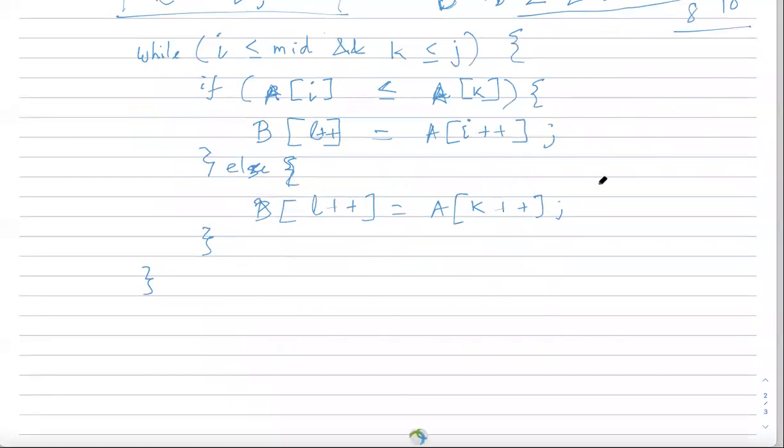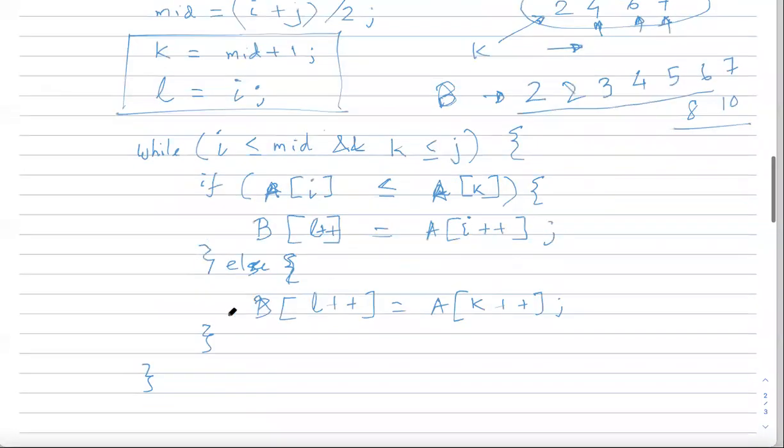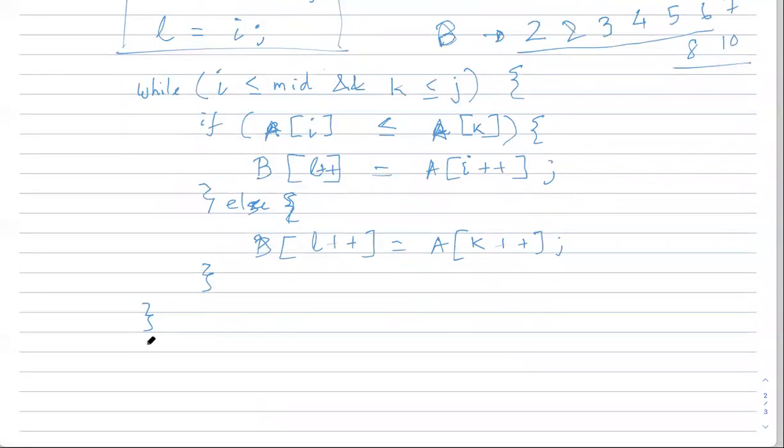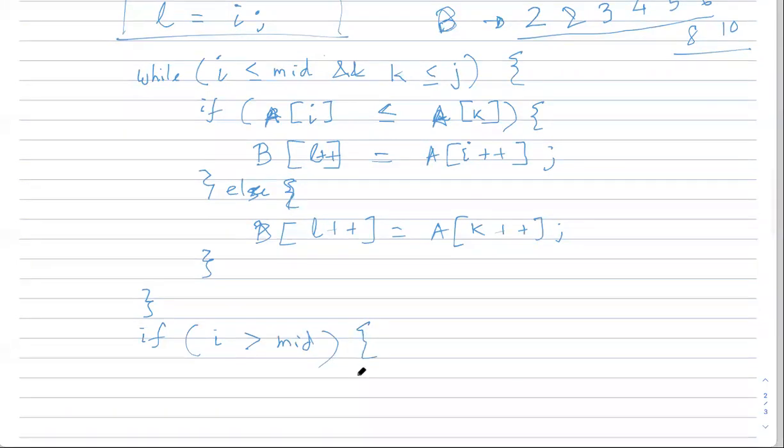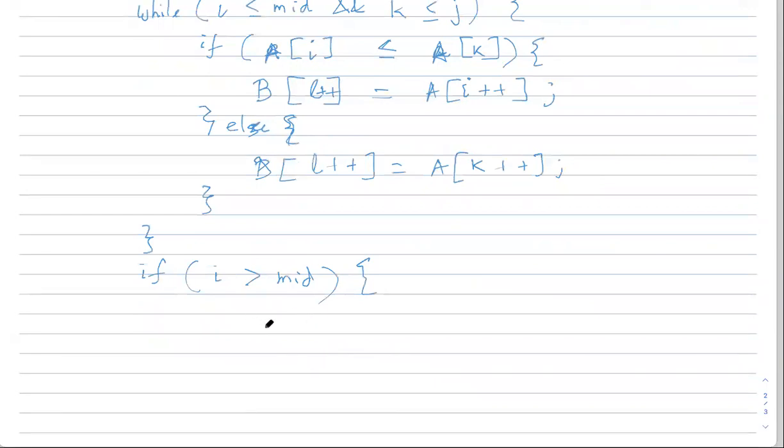As I said, it may happen that one of them still needs to be appended to the end. So therefore, we need to perform this operation. So if I happens to be greater than the mid, then what do we do?